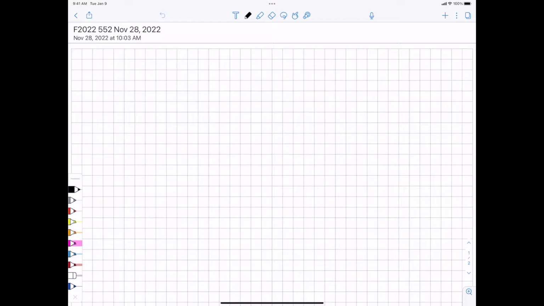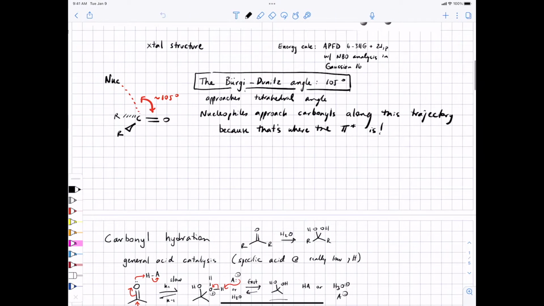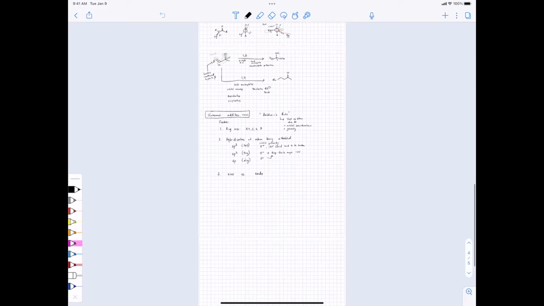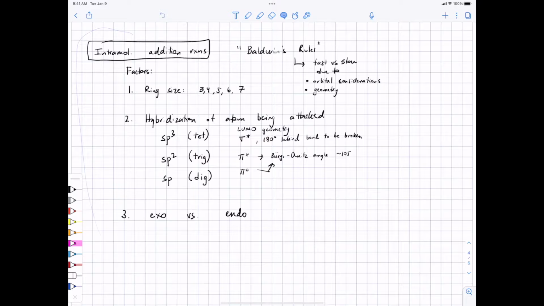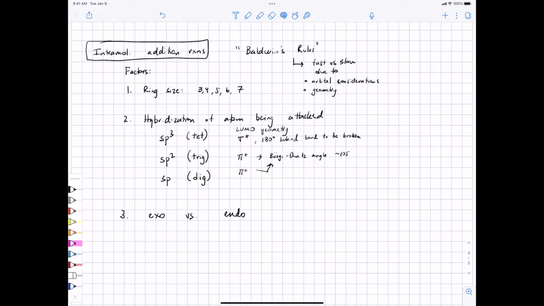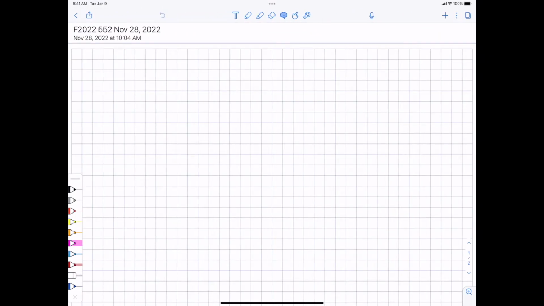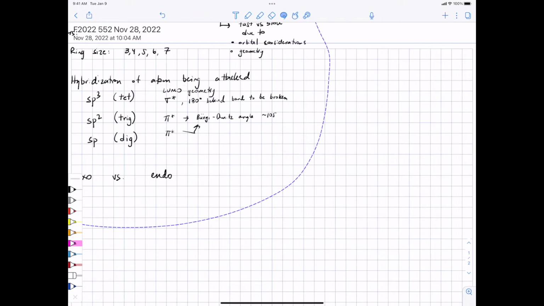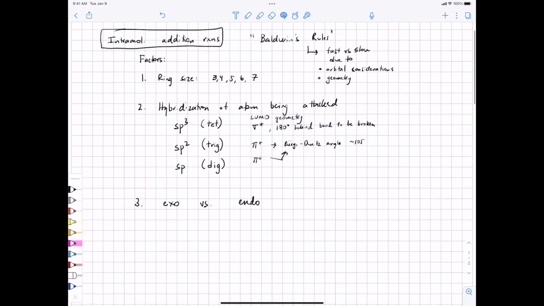All right. I was setting up the story about Baldwin's rules last time, so I'm just going to copy and paste what we had written last time. These are a set of empirical rules that describe basically what you can expect for cyclization reactions, intramolecular addition reactions.